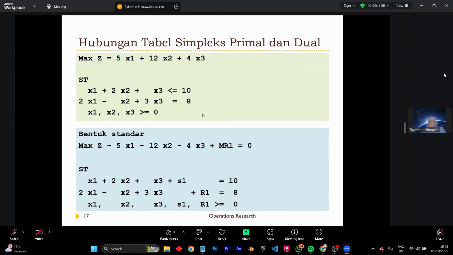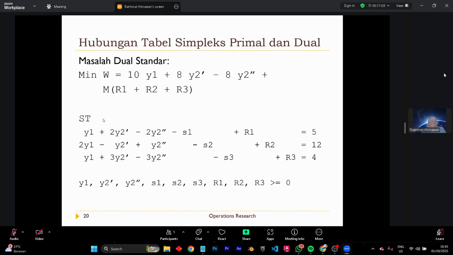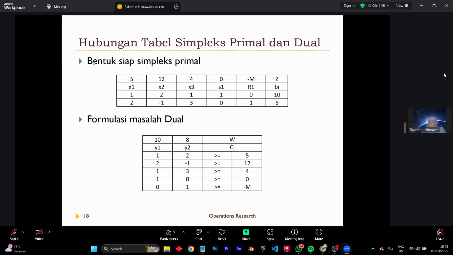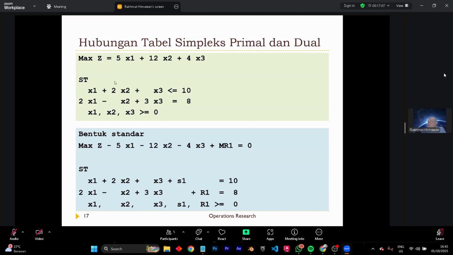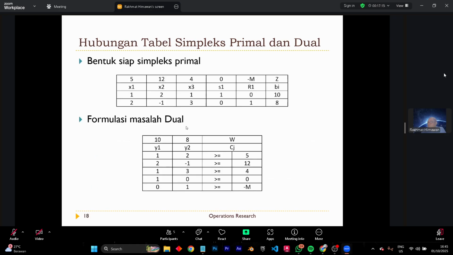Basically, you want to change from the standard form, or the non-standard form primal, into the dual. This table is to help, but the main idea is the same.